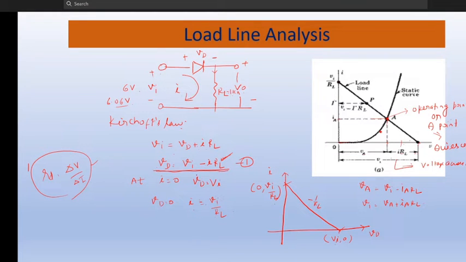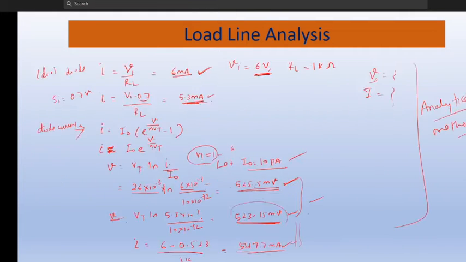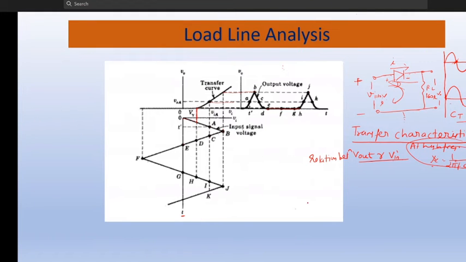Once you are plotting this curve, how will it look? There will be the current axis with 10, 20, 30, 40, 50, then 60, then 70.